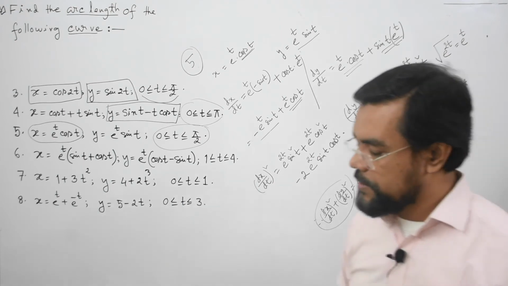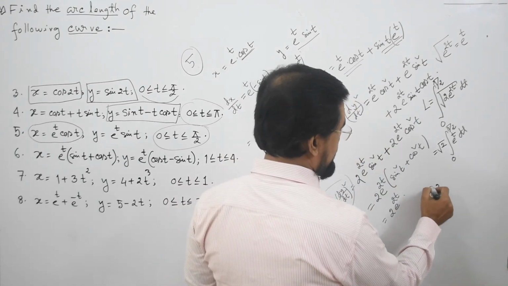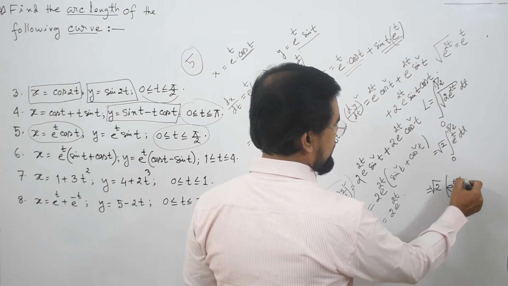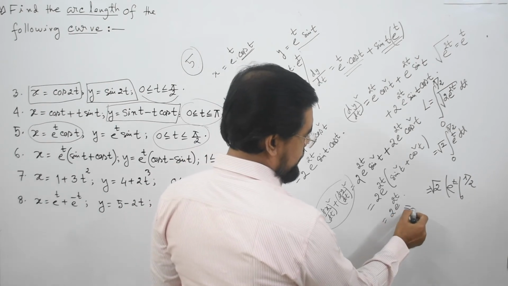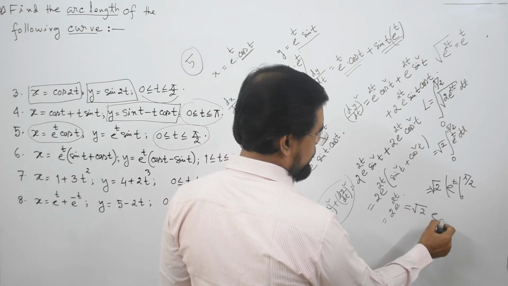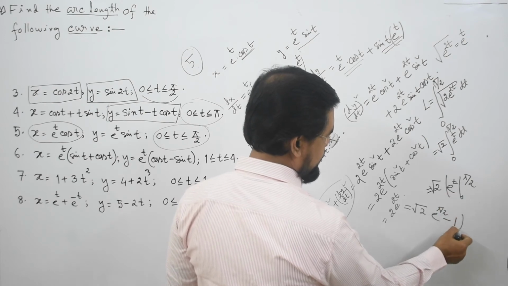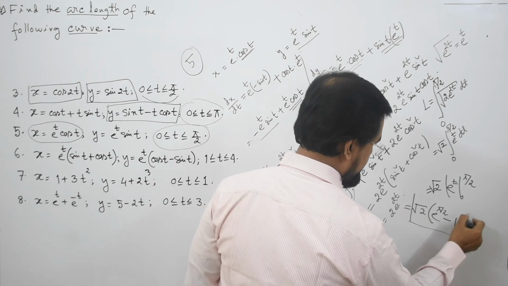And the integration of e to the power t is e to the power t from 0 to pi by 2, which is equal to root 2 times (e to the power pi by 2 minus e to the power 0, which is 1). So this is the arc length.